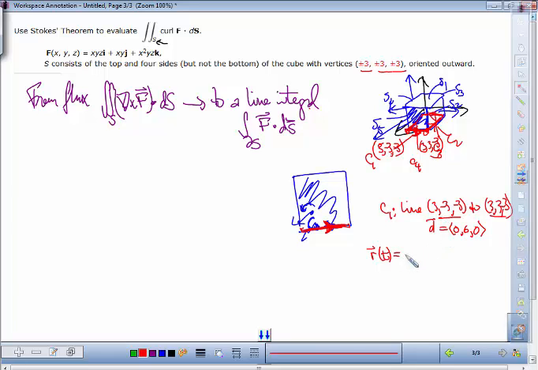It's going to be the original starting point, (3, -3, -3), plus t times the direction vector, (0, 6, 0). If we simplify this into one big vector, this is 3, this is negative 3 plus 6t, and then this is negative 3 plus 0. So that's our parameterization going in the correct orientation, so we should be good to go.